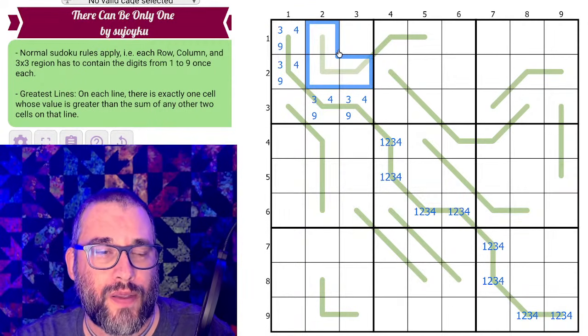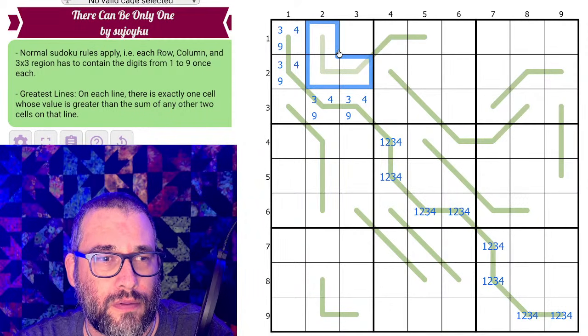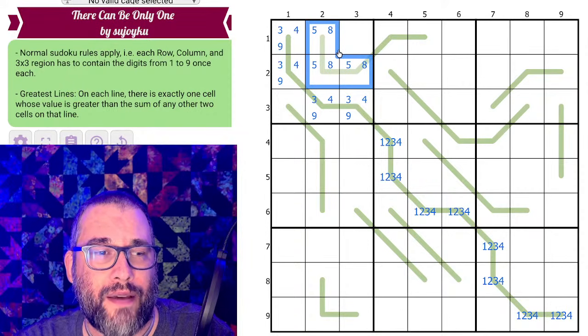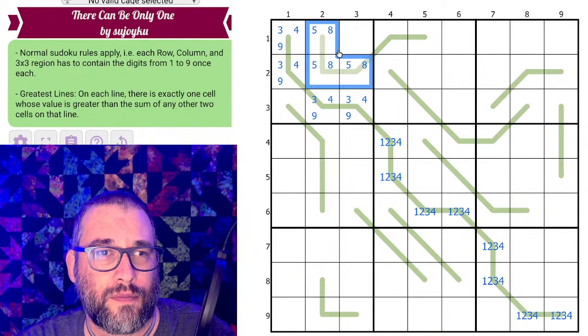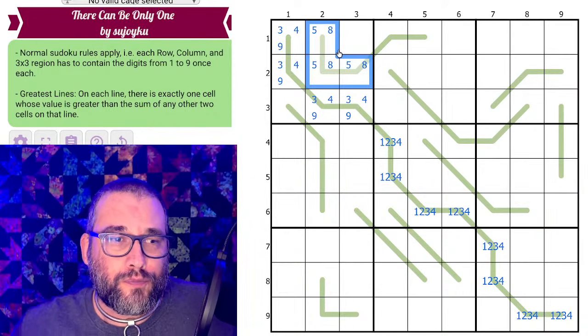What are you going to put in the other box? So we definitely have a 5 and an 8. I don't think 7 is big enough.